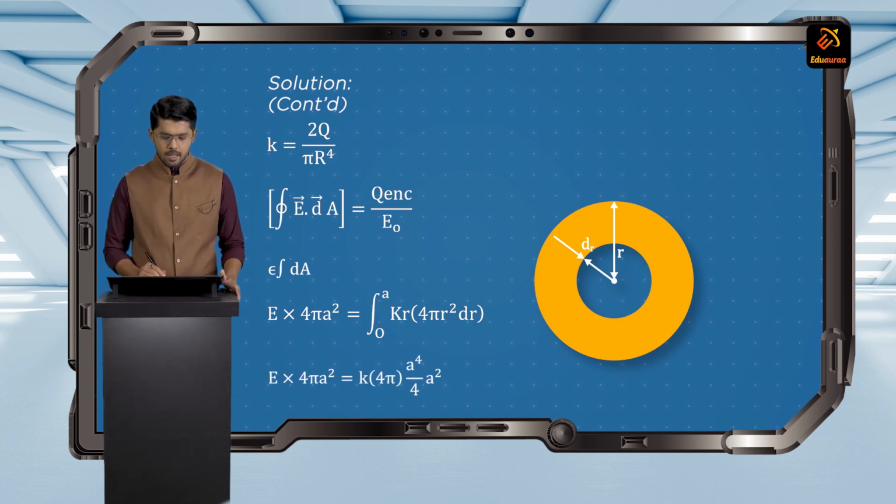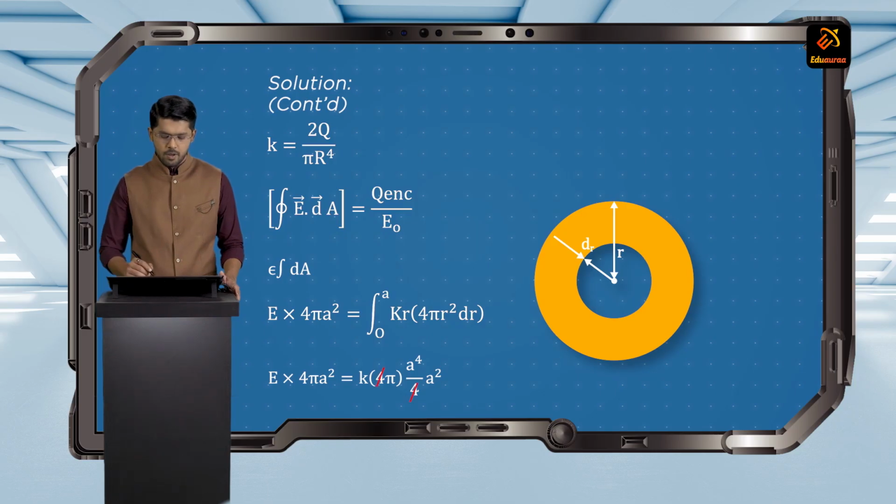And we get E into 4 pi a square equals k into 4 pi multiplied by a to the power 4 by 4. You can cancel out the 4 and you can cancel out a square from this. You can also cancel out pi.